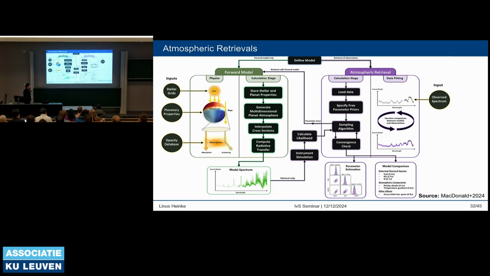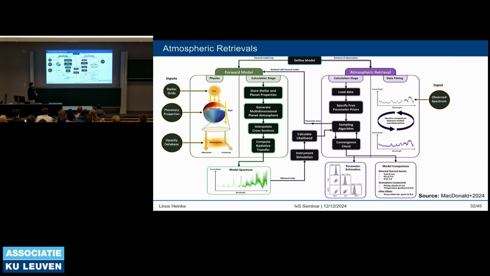Then, talking about retrievals: what are retrievals? Retrievals basically consist of two parts. We have some kind of forward model, and we have, of course, our data that we want to fit. This forward model, which is typically quite simple, we run a bunch of times and compare to the data. And then we have some kind of sampling algorithm that tries to optimize and find the best values.